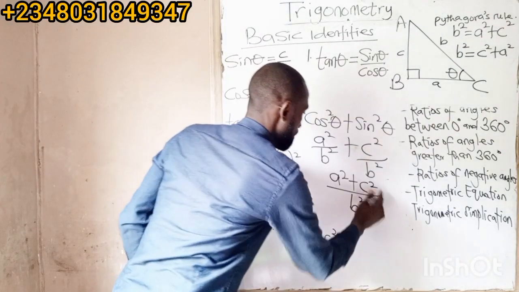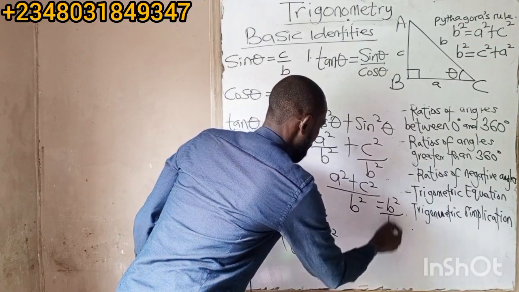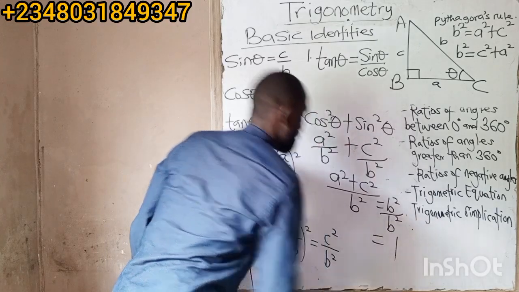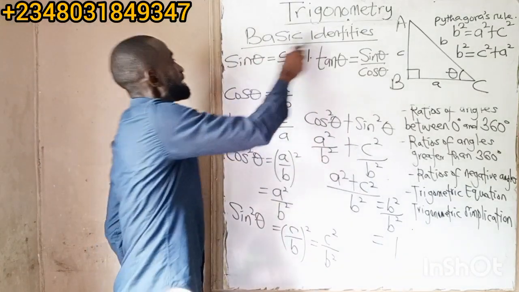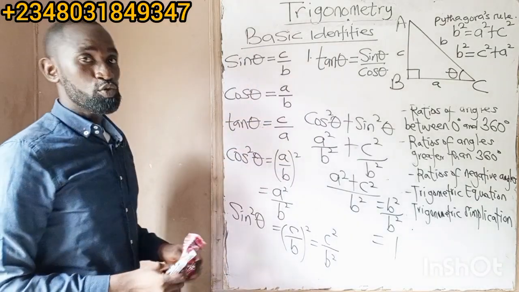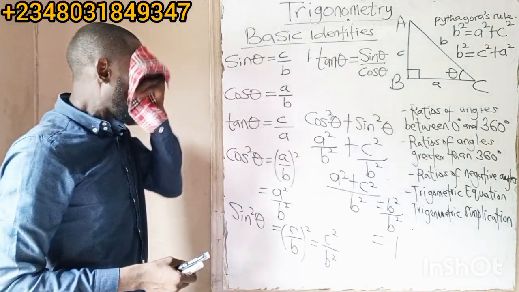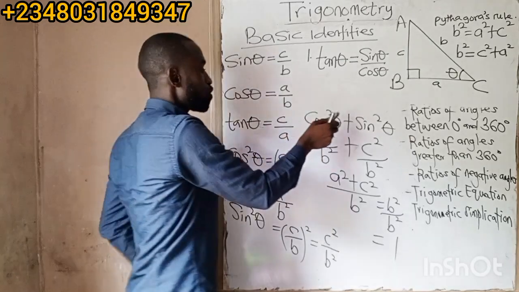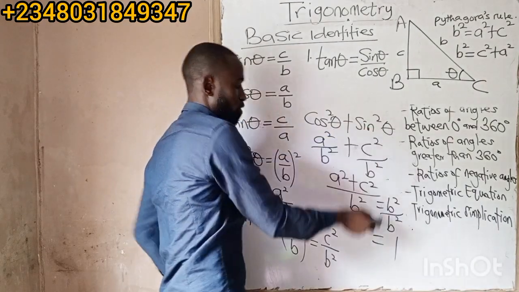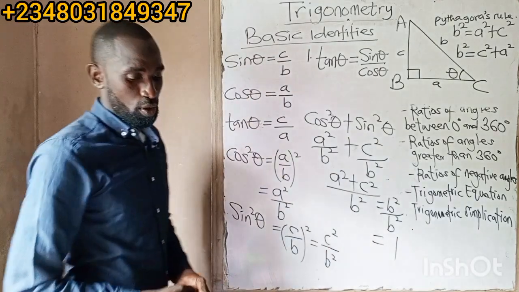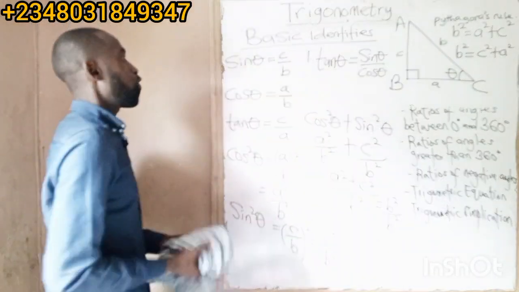So here will now be B squared all over B squared. What is B squared over B squared? That is 1. So it means another basic identity, the relationship between ratios: for every cos square of an angle plus sine square of that angle, our answer must be equal to 1.